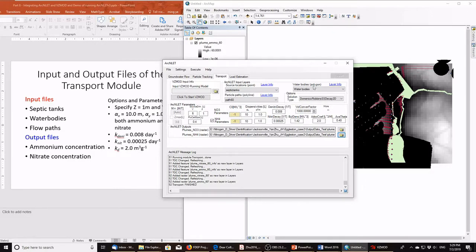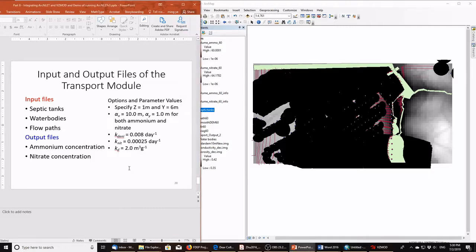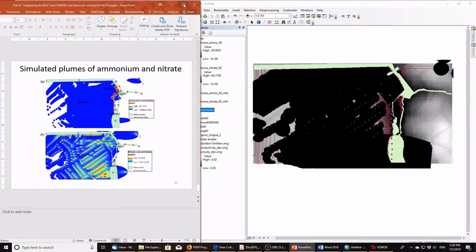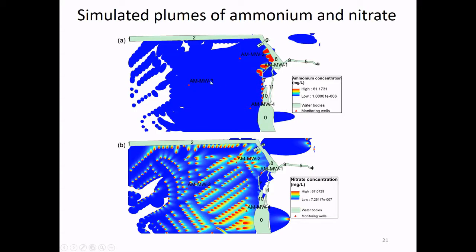Okay, so now you see here we have two ugly figure. So that's for plume of ammonium and a plume of nitrate. And you can play this with ArcGIS. So here what you got. And so here this is a plume of ammonium based on the ArcNLET simulation. And this is, let me maximize it. So this is a plume of nitrate.